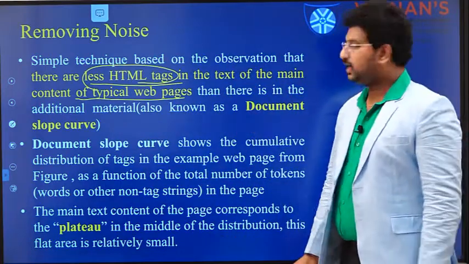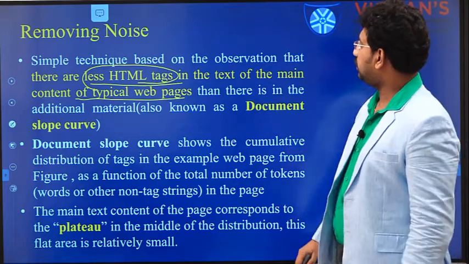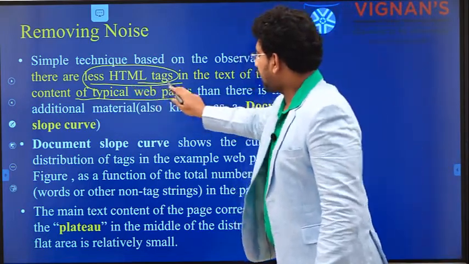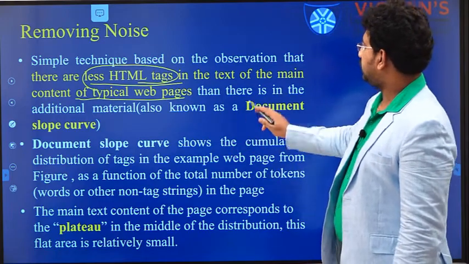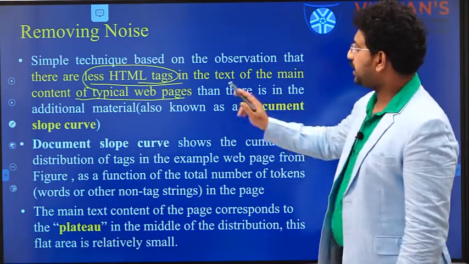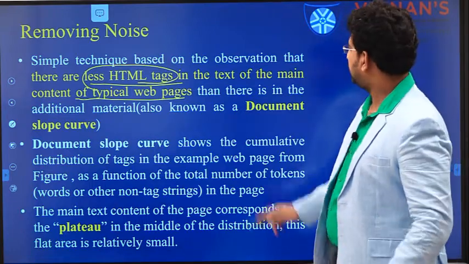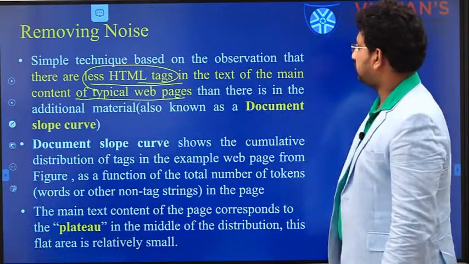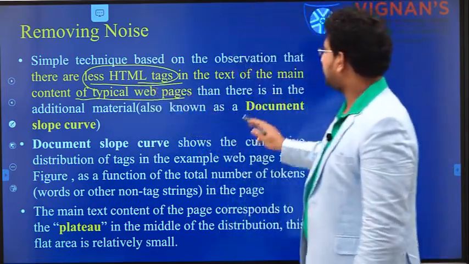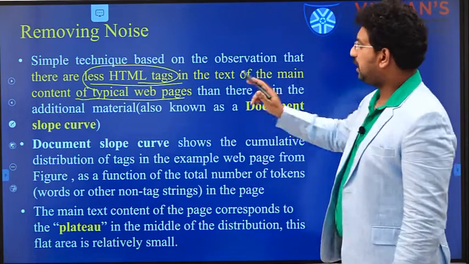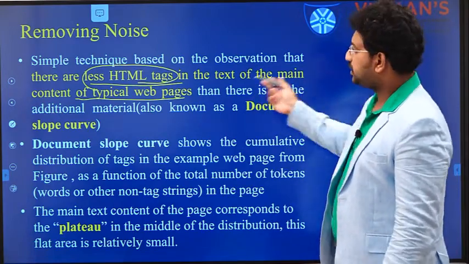Some techniques are developed on the observation that there are fewer HTML tags in the text of the main content of the typical web page than there are in the additional material.